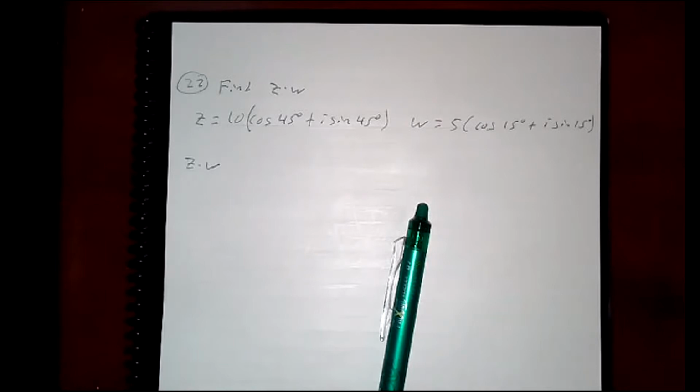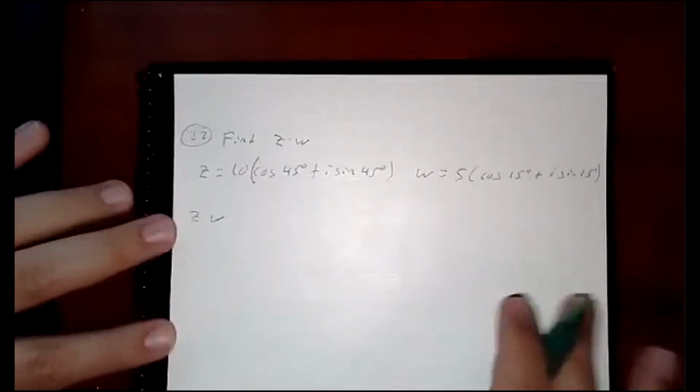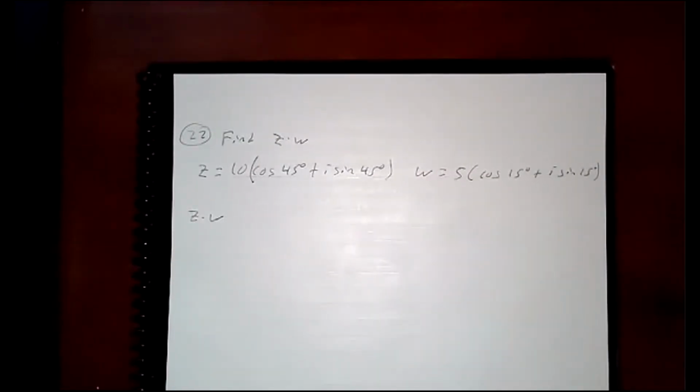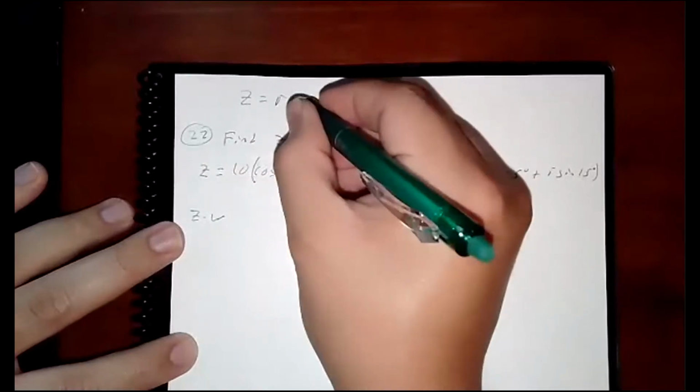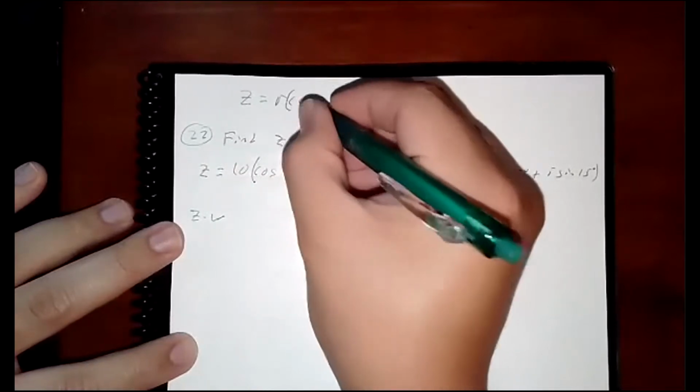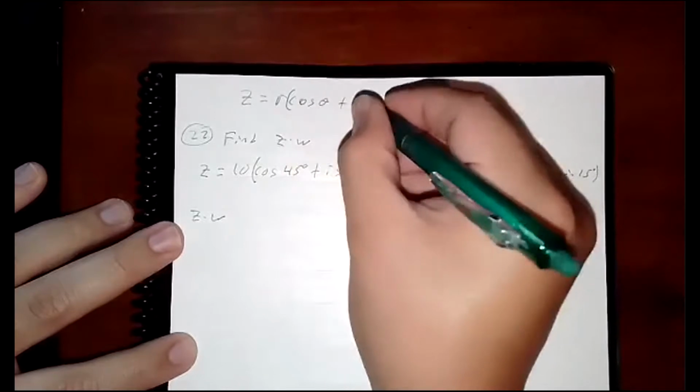Okay, and then pull up the formula. So remember that z is equal to r times cosine theta plus I sine theta.